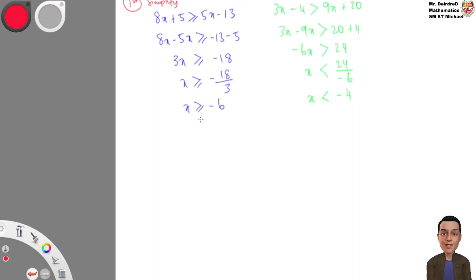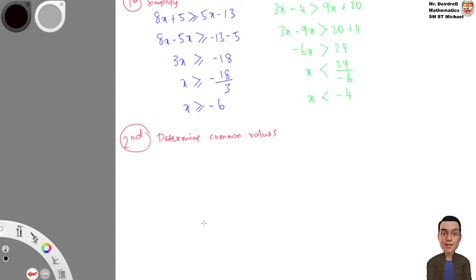So we can proceed to the next step. Okay, so the second step is, again, we want to determine the common value by using the number line method.